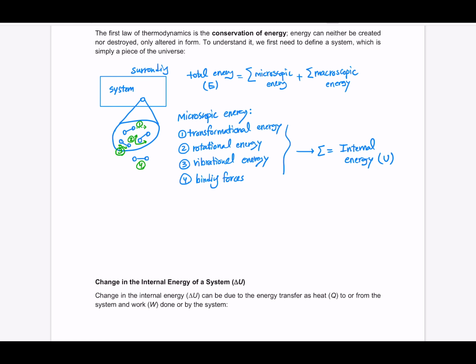So the macroscopic could be basically other sources, for example, kinetic, potential, or electric field sometimes.